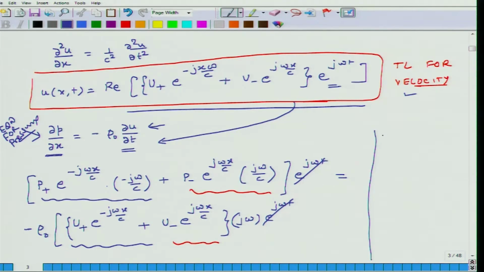P plus by C rho naught should be equal to U plus, and if I equate the terms underlined in red, I get negative P minus by C rho naught equals U minus.